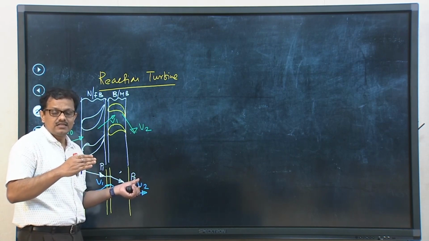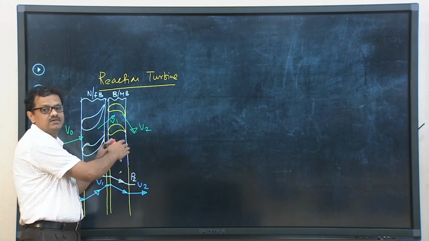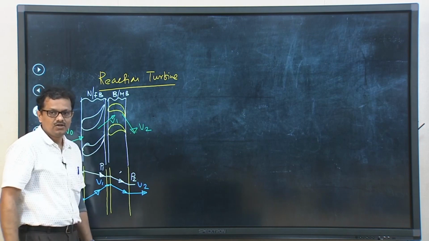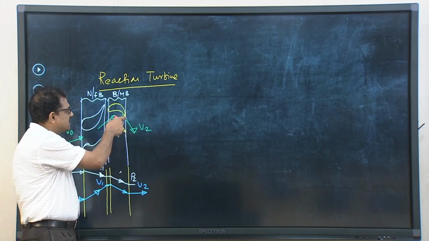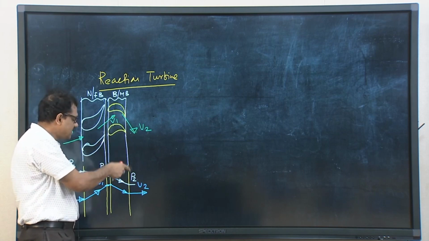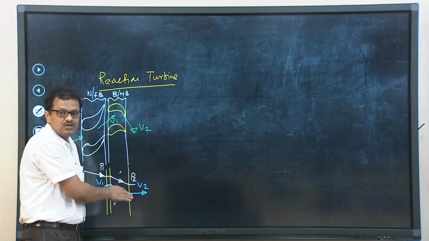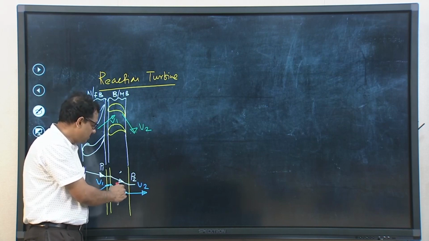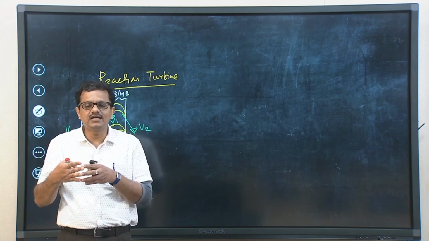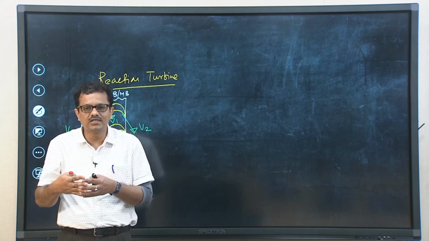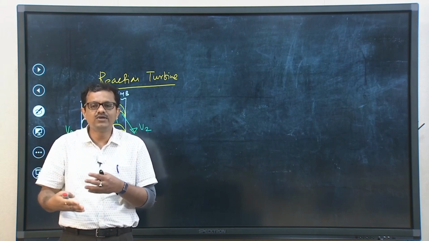If pressure remained constant when jet is passing through the moving blades, velocity would have been even lesser than what we can see now. So, it is because of this drop in pressure that the velocity has increased a little, as if the jet is gaining kinetic energy. Gain in kinetic energy will give rise to a reaction force in the opposite direction. So, that will help the wheel to rotate.